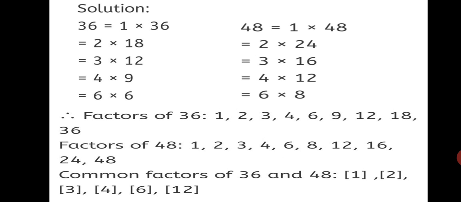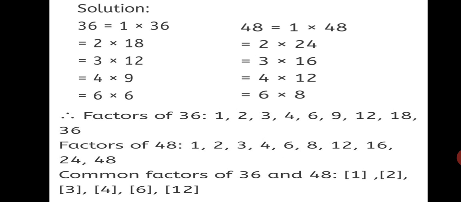Then divide by 3. 3 plus 6 is 9. 36 is divisible by 9. 3 12s are 36. 4 9s are 36 and 6 6s are 36. So we wrote down all the possible multiplications of 36. And now we can get the factors of 36. 1, 2, 3, 4, 6, 9, 12, 18, 36.